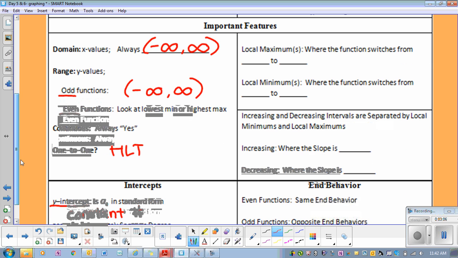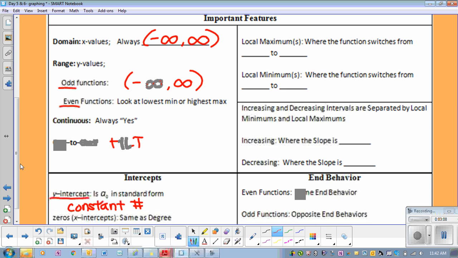All right, so now let's look at local maximum. First of all, do we remember what a maximum and a minimum are? Maximum up, minimum down, right? So the local maximum is basically where the function switches from increasing to decreasing. Does that make sense? Because your maximum looks like this.